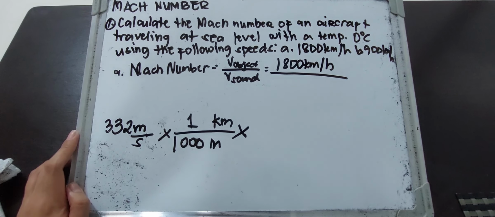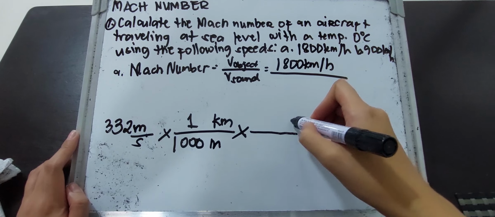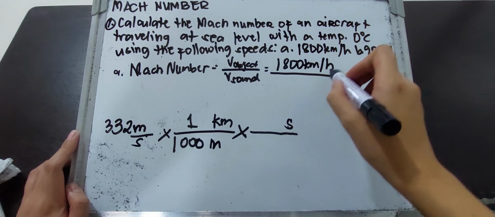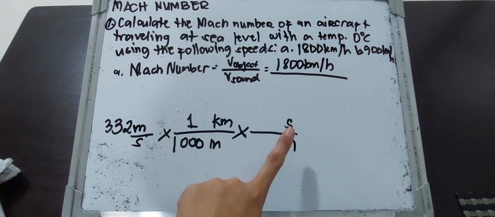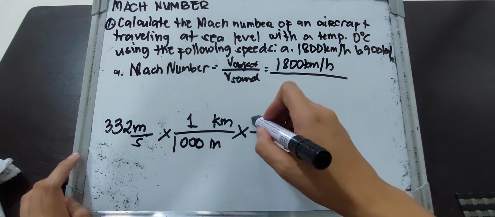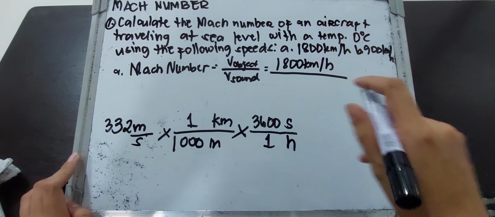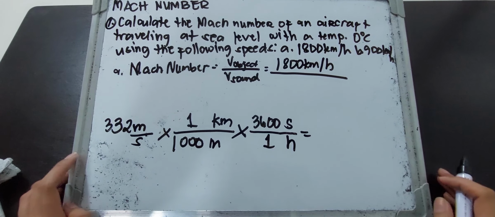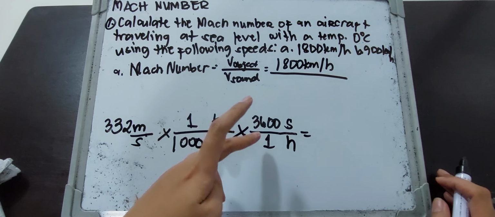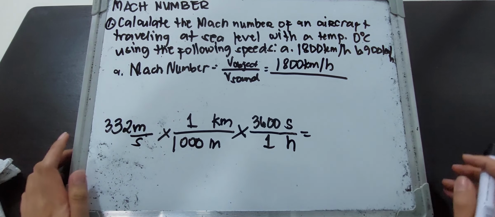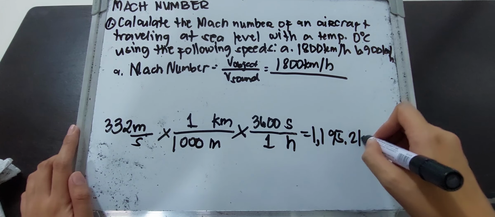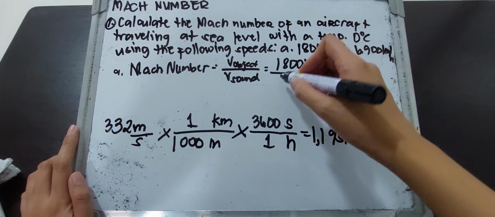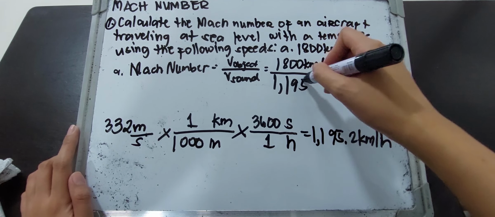Times, the seconds need to be on top, and the unit we need is hour. In 1 hour, we have 60 minutes. In 1 minute, you have 60 seconds. So, 60 times 60 is 3,600 seconds in 1 hour. So, 332 times 3,600 divided by 1,000 is 1,195.2 kilometers per hour. So, this is what we will use for dividing.